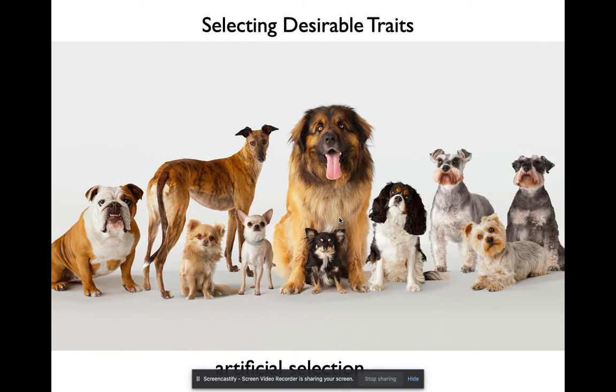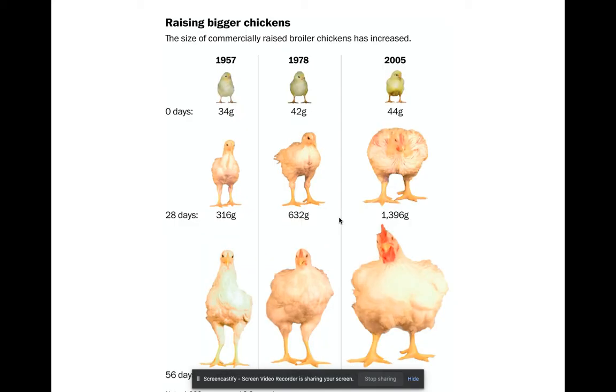Okay. Now we don't only do it with dogs. This is a picture that shows chickens, and you can see the progression from 1957 onward. Arguably, there are also some genetic interventions here with these chickens, but you can see that over time, if you were a chicken breeder, you could consistently look for all the chickens that are the biggest, and keep breeding those chickens with each other so that you can get bigger and bigger chickens.